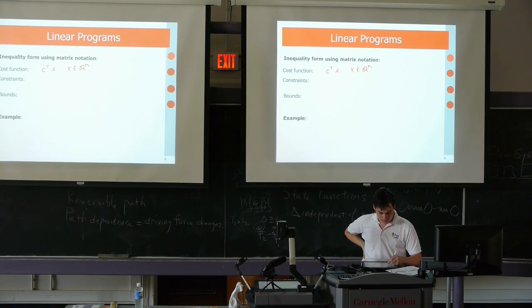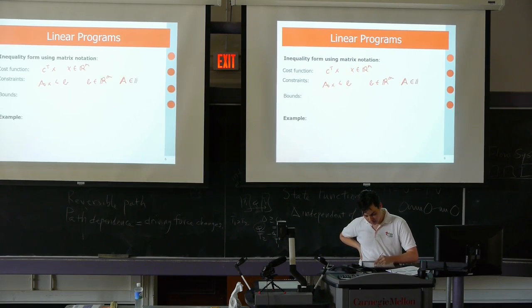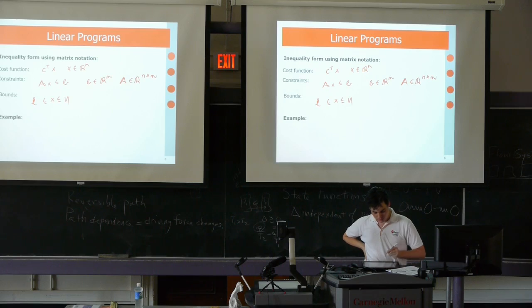And the constraints I can write with matrix notation like this: Ax is less or equal than b, where b is a vector and A is a matrix. And you can think of vector l and vector u as well, where they are in the n-dimensional Euclidean space.